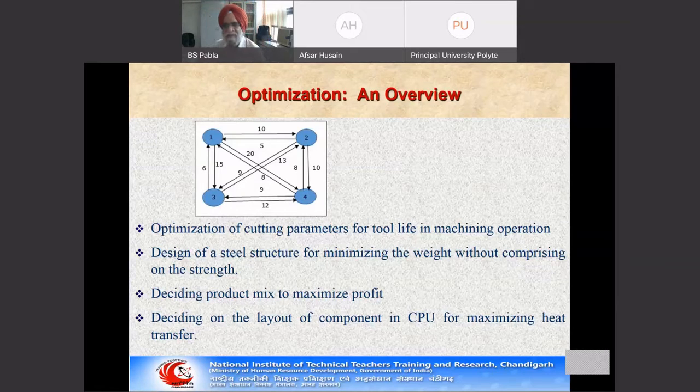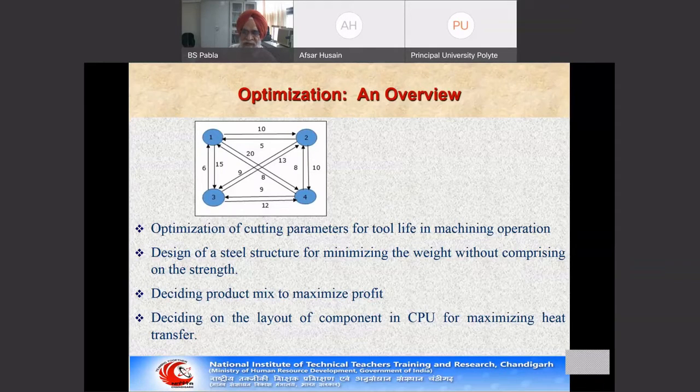So we write an equation where tool life is expressed in terms of V, F, and D, or cutting speed, feed, and depth of cut. If I can write a mathematical model, I can solve this problem. So an optimization problem is essentially a mathematical modeling problem. We have to make a mathematical model to solve it.